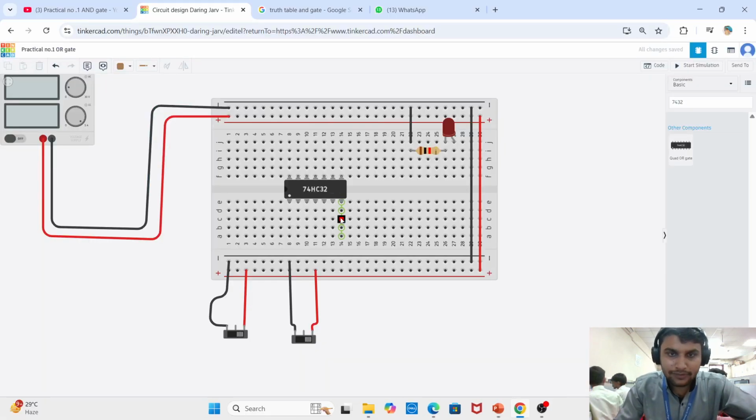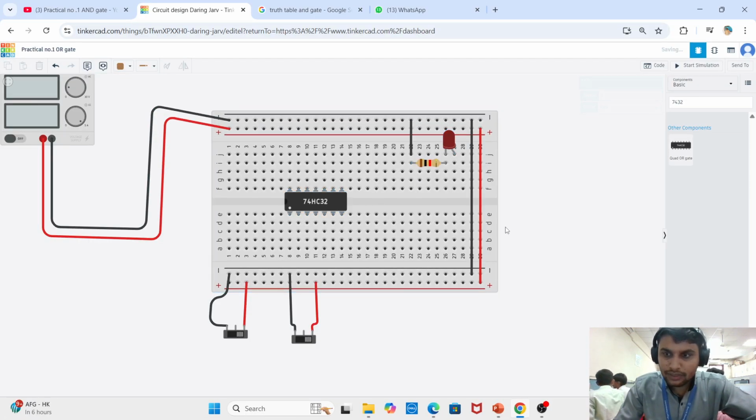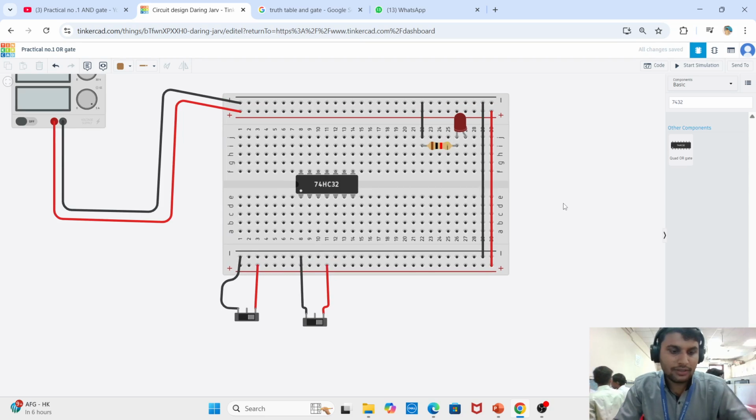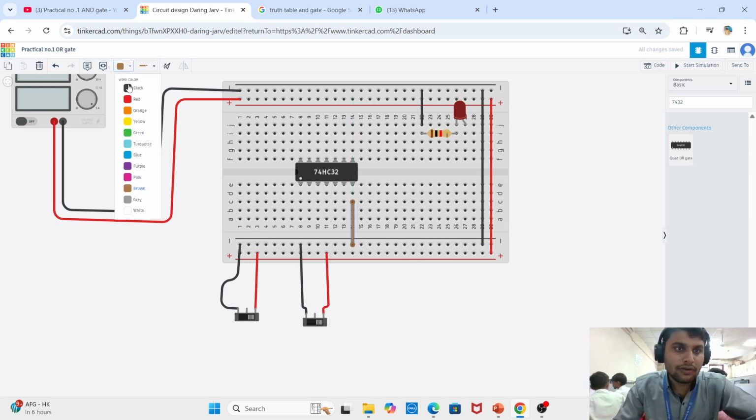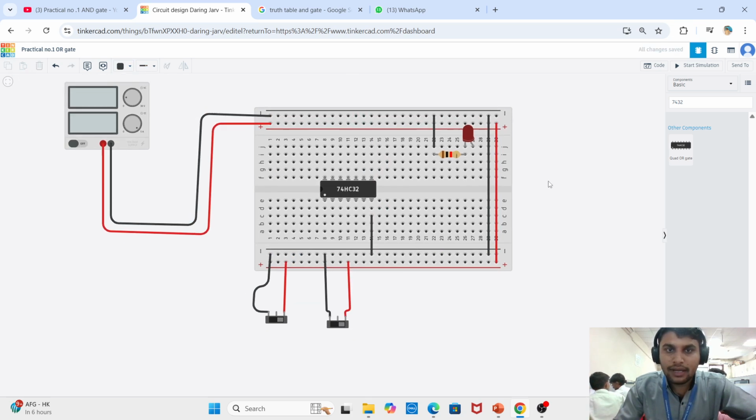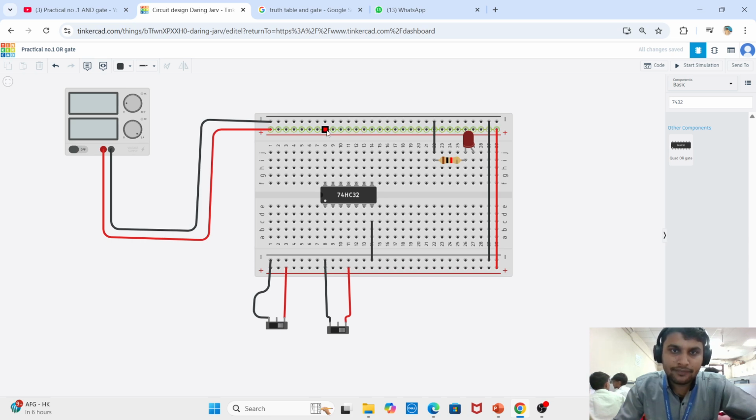So pin number 7 will be connected to ground. Select a wire and drag it. The universal color of ground is black, and for the positive power supply it will be red.